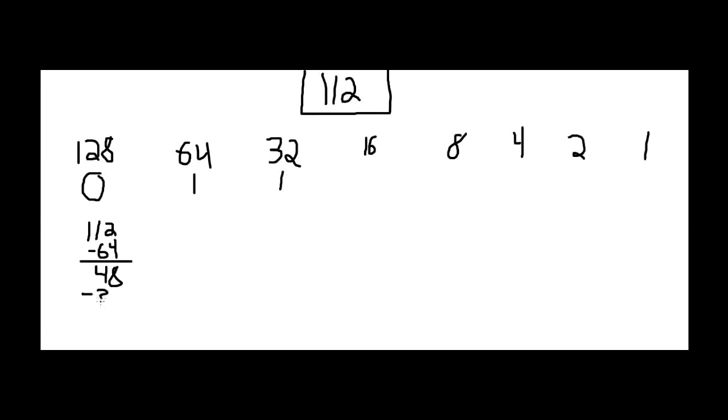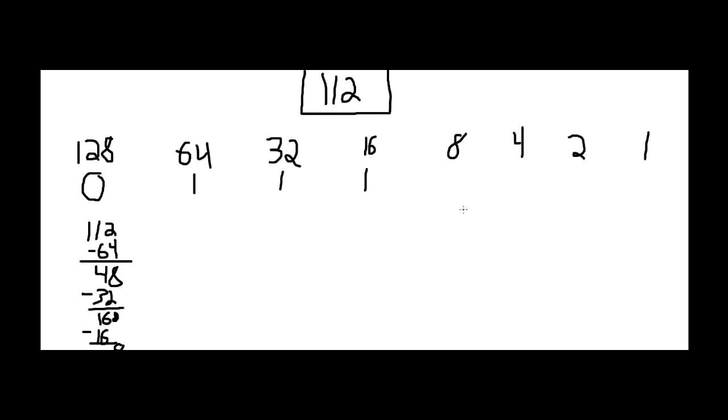Then you subtract 32 from 48, which gets 16. You check back up to your next number. 16 is the next number, so that's equal to it, which is a 1. Then you subtract 16 again. If you put a 1 up here, you subtract it from this number. So 16 minus 16 is going to be 0.